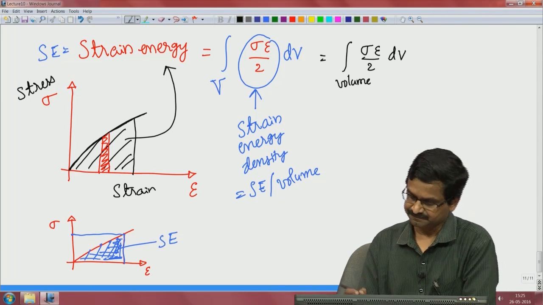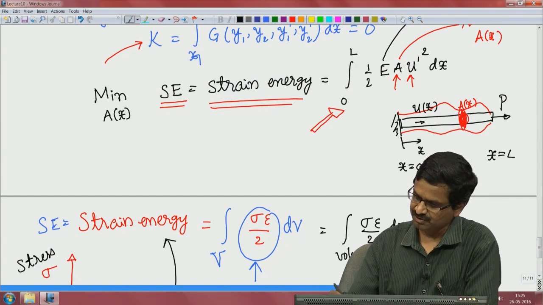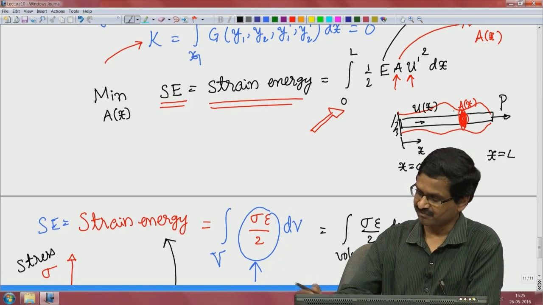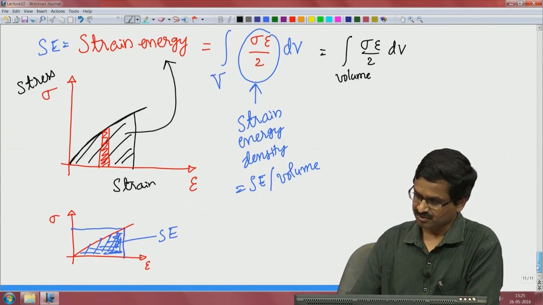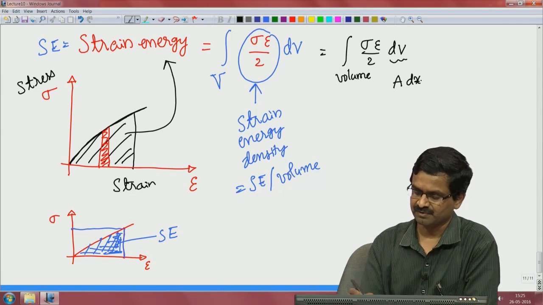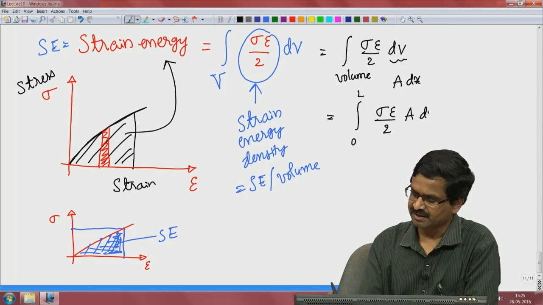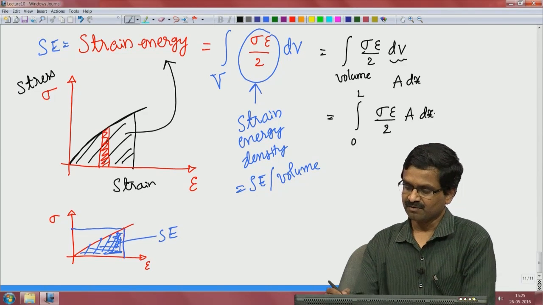We are taking a bar, as you can see in the figure, which is going from x equal to 0 to x equal to L of area of cross section. So, I can write this dV as A times dx. If I do that, then I can make it x going from 0 to L sigma epsilon by 2 into A dx. Why do we do that?